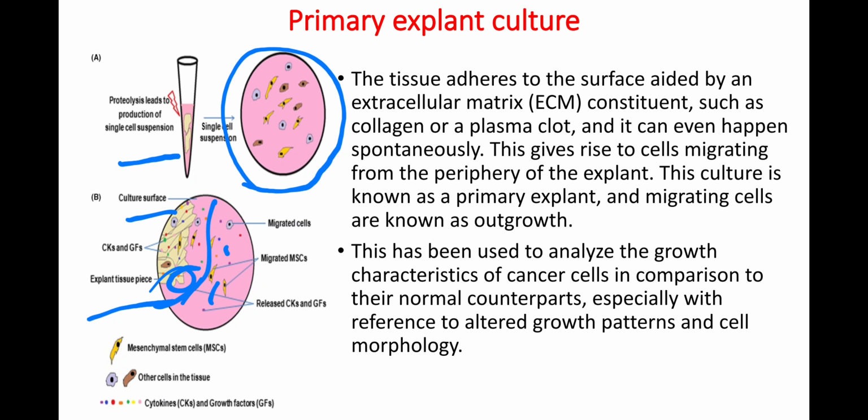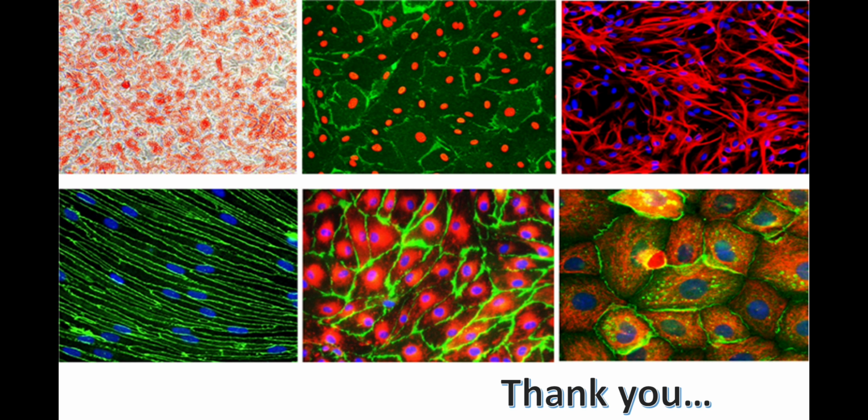Now we discuss another point, that is the cell type and how it is cultured in our media. This is a series of cells, with different shapes and morphology shown here.